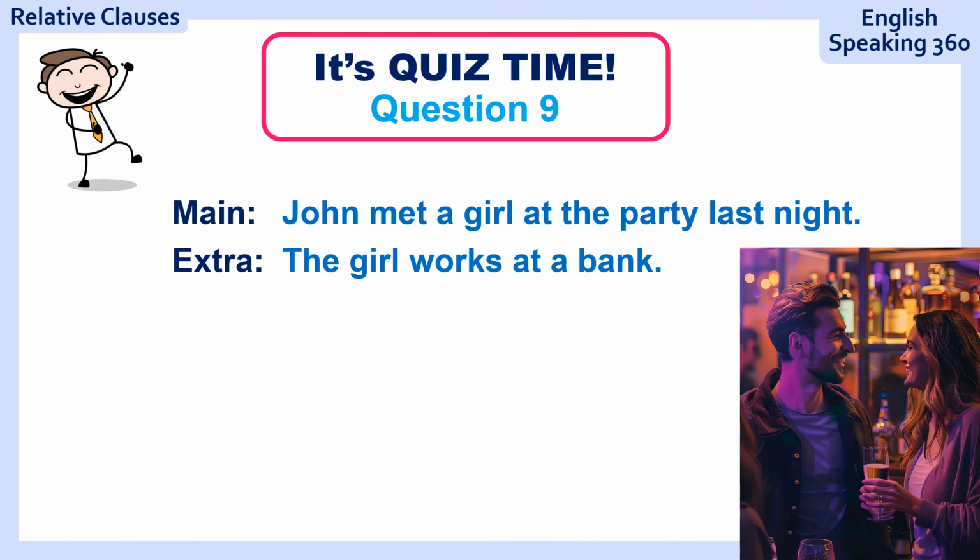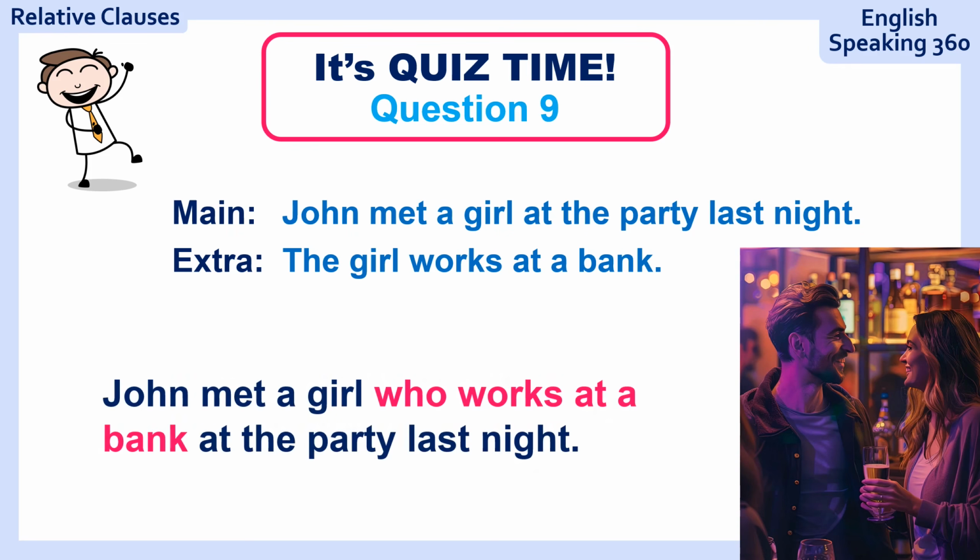Question 9. John met a girl at the party last night. The girl works at a bank. Okay, so let's merge them, and the sentence becomes, John met a girl who works at a bank at the party last night. Do we have one more relative pronoun? Yes, we do. We can use that.